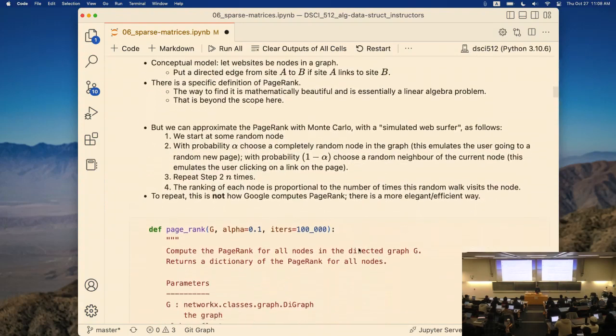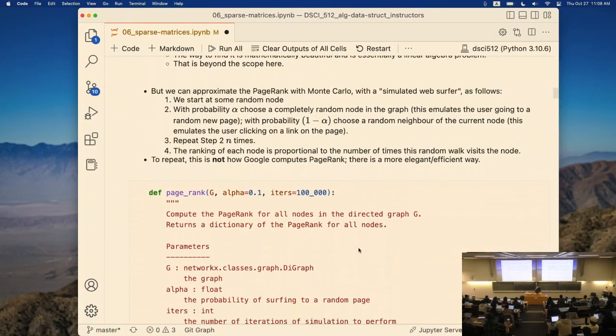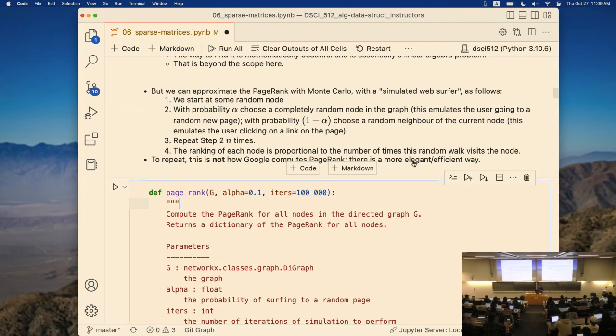So in the code that I have here, we have a simulated web surfer. We start at some random node in the graph, and then with probability alpha, that random web surfer chooses a completely random node in the network.